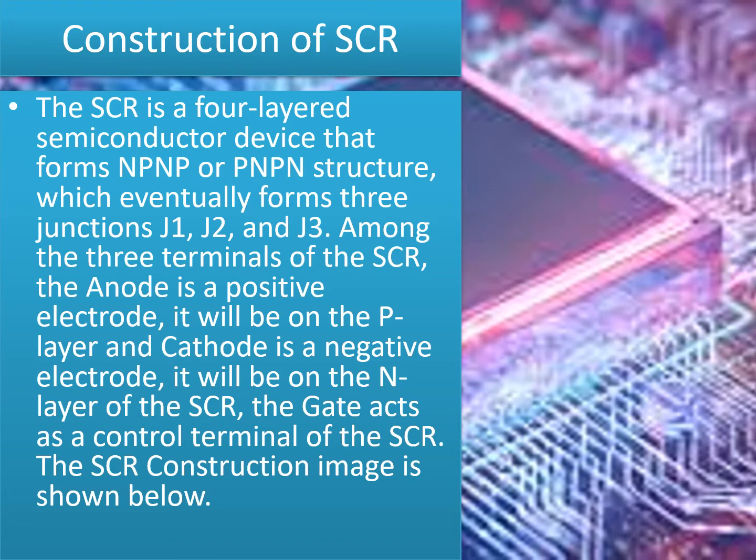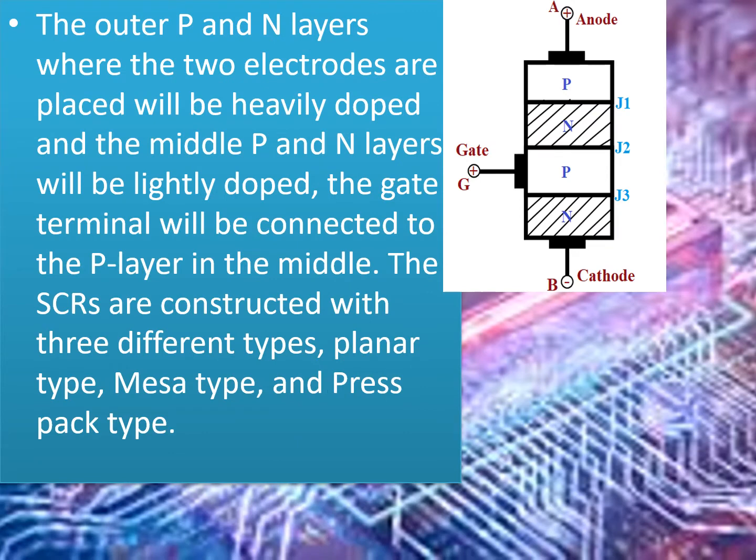It will be on the P layer and cathode is a negative electrode. It will be on the N layer of the SCR. The gate acts as a control terminal of the SCR. The SCR construction image is shown below.